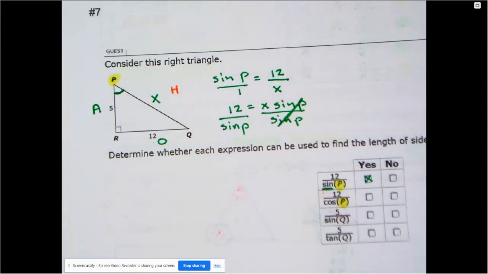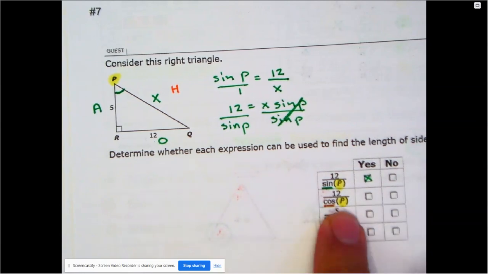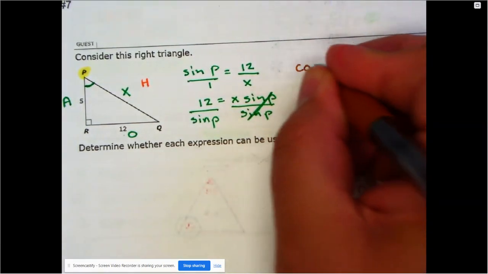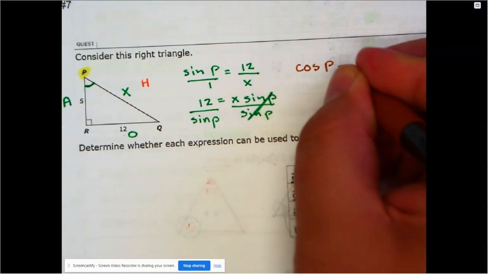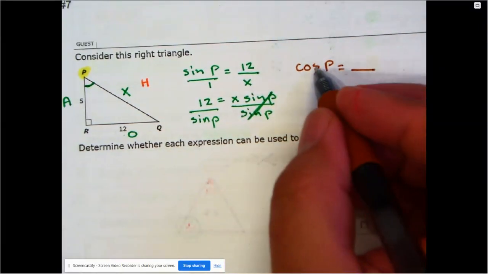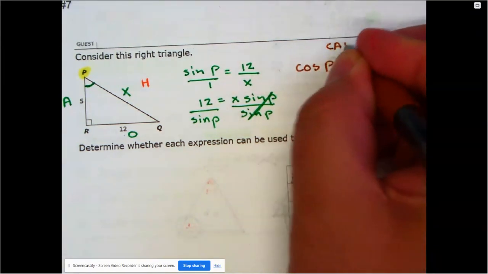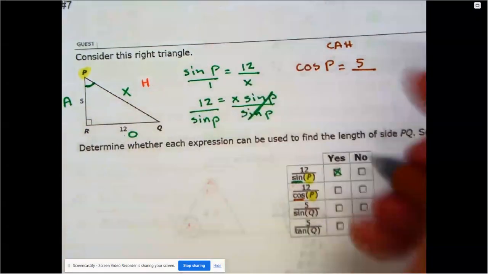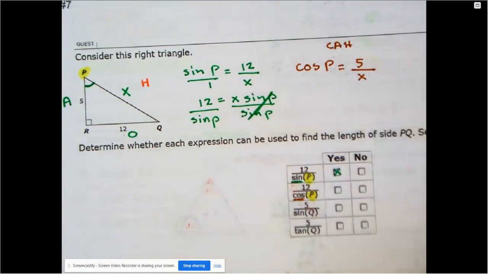Now, the next one said, you're going to try with cosine now. Okay, so here comes cosine. Cosine of P is equal to, well, according to our friend SOHCAHTOA, cosine, right, CAH, is adjacent, the 5, over the hypotenuse, the x. Now, I'm going to stop already.